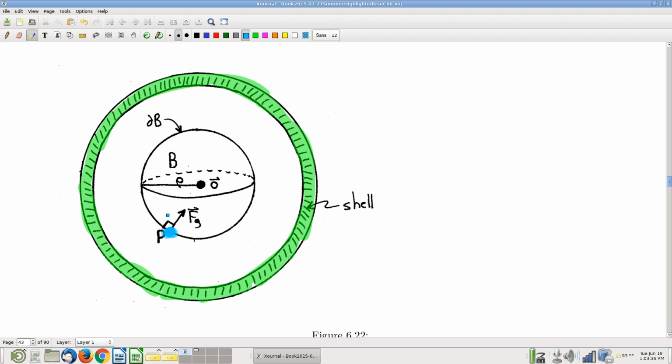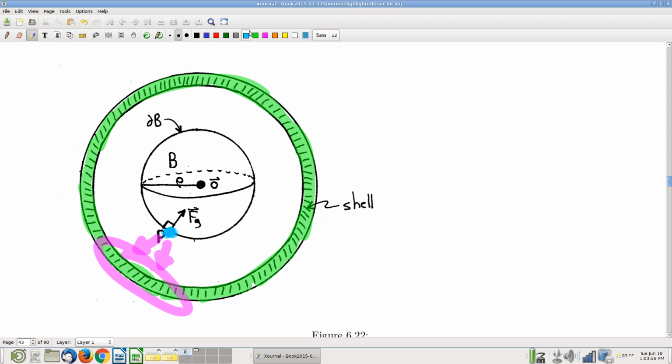Right? And you think to yourself, okay, well, look, this point here where we are at, for example, is really close to this part of the surface, and so, oh man, there's going to be a lot of gravitational pull there, really strong gravitational field coming from these bits of mass over here. But here's the thing.